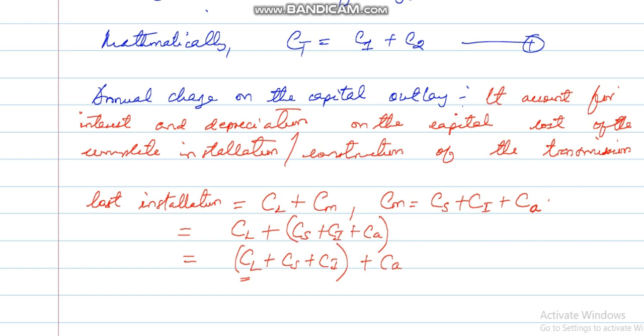Umesha select sasa ile transmission line voltage, kwamba the cost of labor lazima iwe constant for a given transmission line voltage, na cost of supports ni constant for a given transmission line voltage. There is no way kwamba cost of support inakuja kuvary provided kwamba the transmission line voltage does not vary.